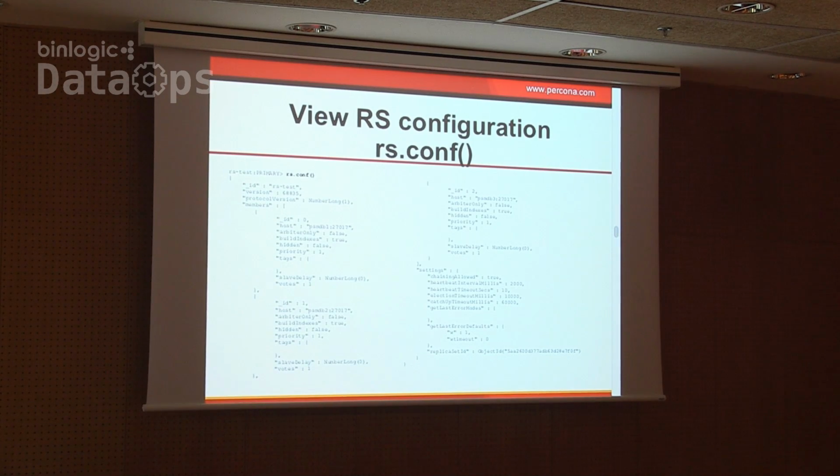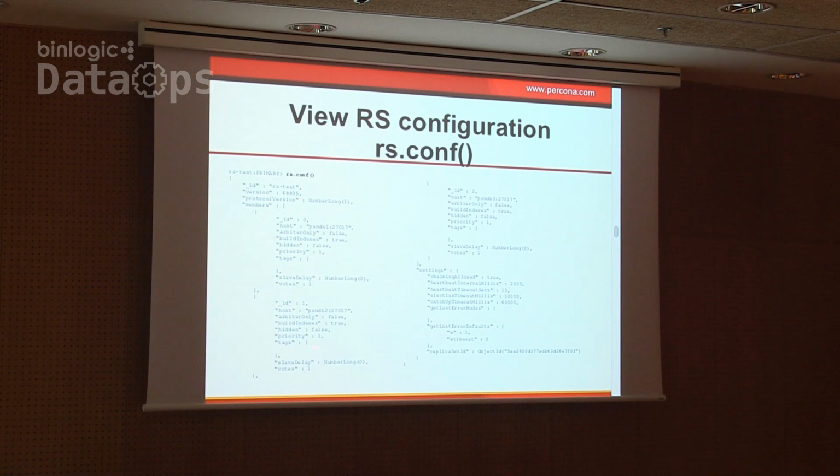I'm going to show just a couple of useful commands we have in MongoDB. The first one is rs.conf, and if we issue this command, we have the configuration of the replica set. So we have, for example, the list of the nodes. We have node ID 0, that is this one. In this case, it says that it is not an arbiter.